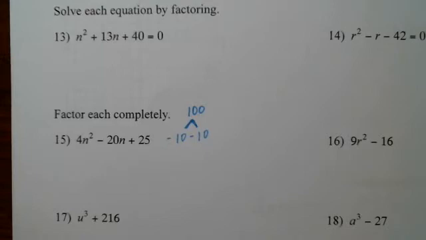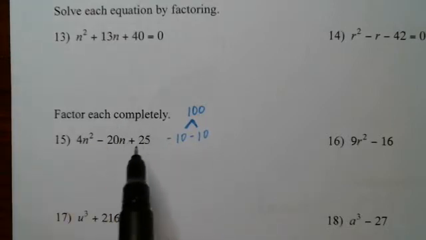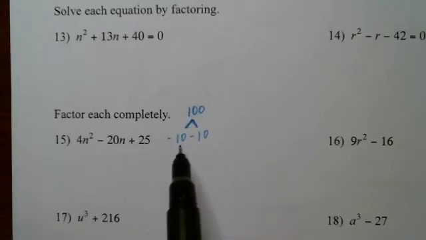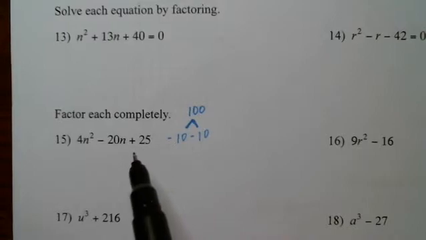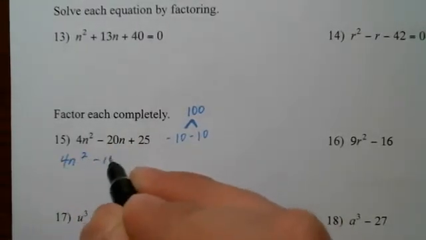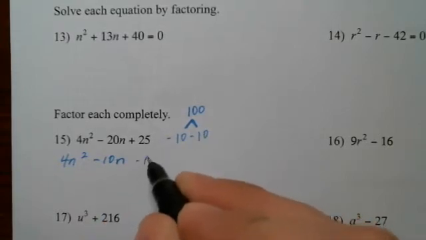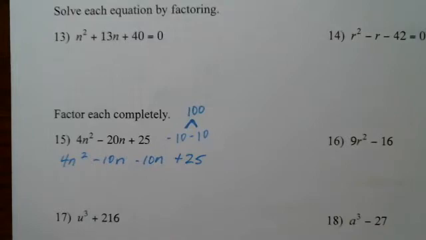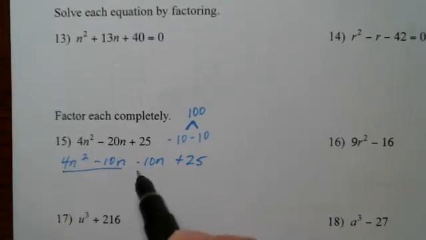Can you do both, please? All right. So I'm going to factor by grouping. 4 times 25 gives my 100, and negative 10 and negative 10 add to be negative 20. So I'm going to say 4n squared minus 10n minus 10n plus 25. And then I factor by grouping on both of these.